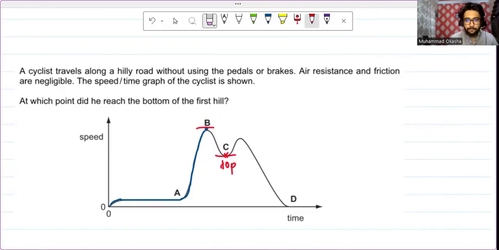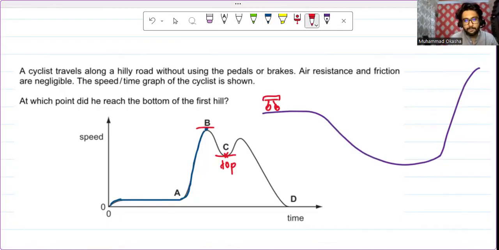Think about it this way, right? So the cyclist is traveling like this, for example, and here is the hill. So initially, when the cyclist is moving, it gains speed, right, till it reaches constant speed.